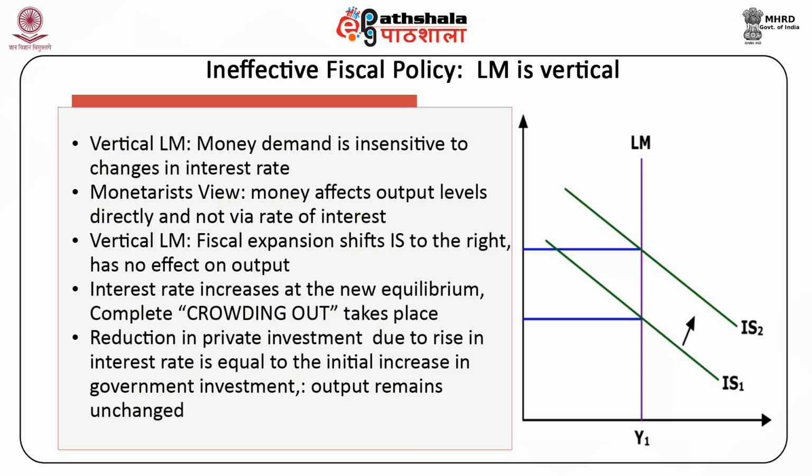That is, the reduction in private investment due to the rising interest rate is equal to the initial increase in government investment, so that output remains unchanged. In this case, expansionary monetary policy would shift the LM curve and lead to an increase in output, illustrating the monetarist's point about the direct impact of money on output.